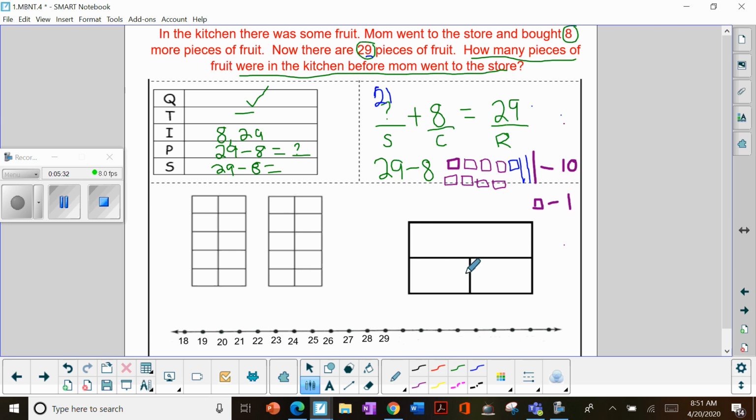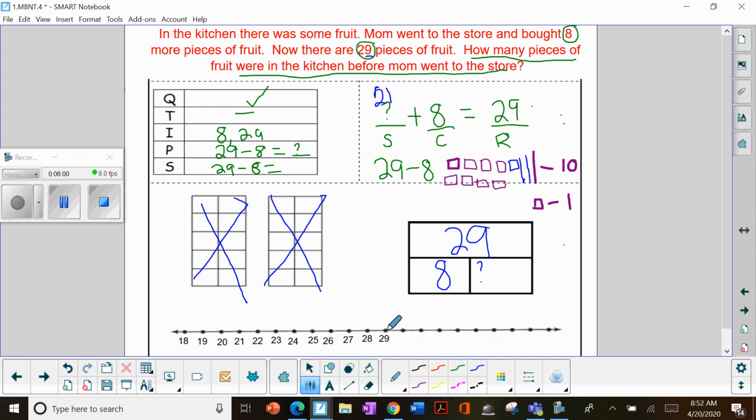All right, filling this out, we're going to put the 8 in for one part that we know. For right now, I'm going to put a question mark at the other part because I'm not positive how much I started out with. And the whole that we had at the end of all the fruit was 29. I am going to use my number line.